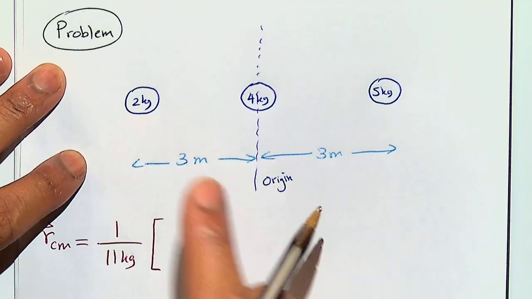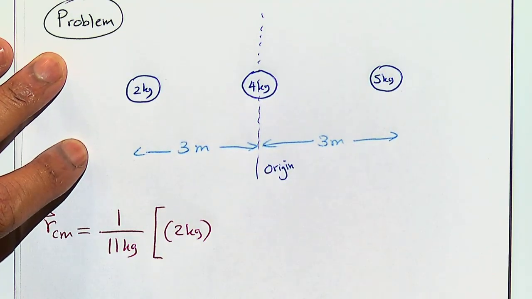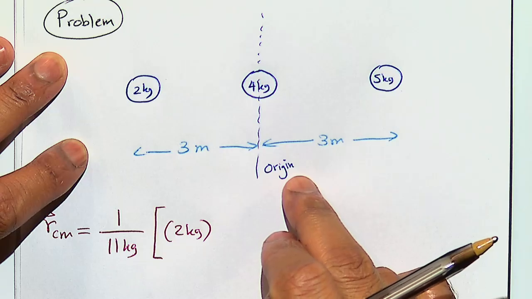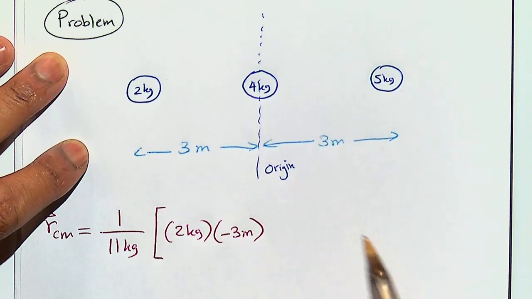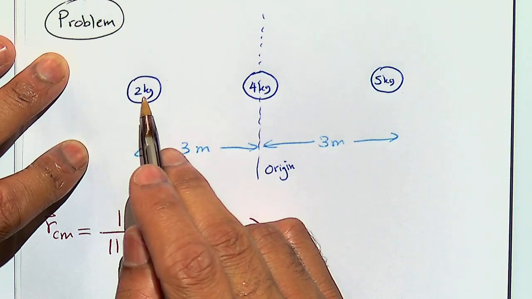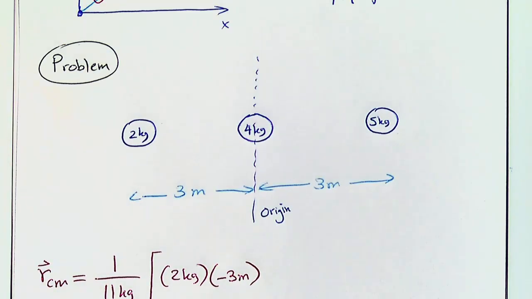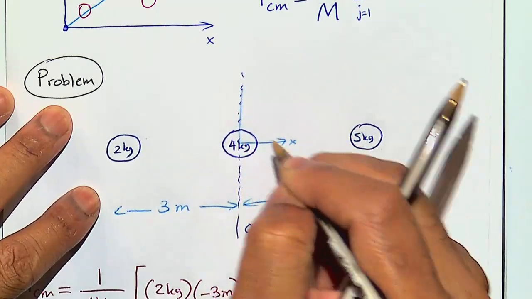So we have 2 kilograms, and its position relative to our center point is minus 3 meters, because we're measuring from the 4 kilograms. The 2 kilogram is minus 3 away. Our coordinate system is such that it follows like this, x and y.